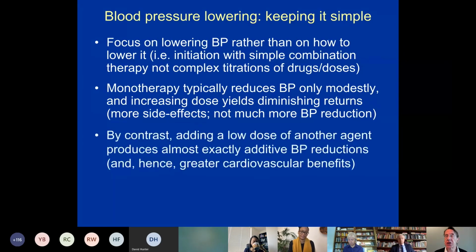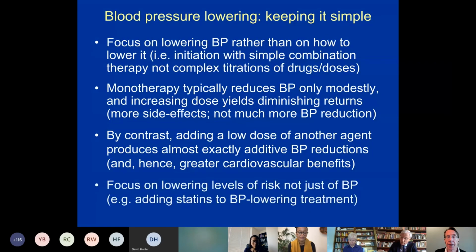And that by contrast, as I say, the combination of a few low dose agents would be much more effective. And that finally, having decided that it's a good idea to lower blood pressure, think about other ways to lower the risk of those individuals, statins, and obviously smoking, but there may be other things that one could do.